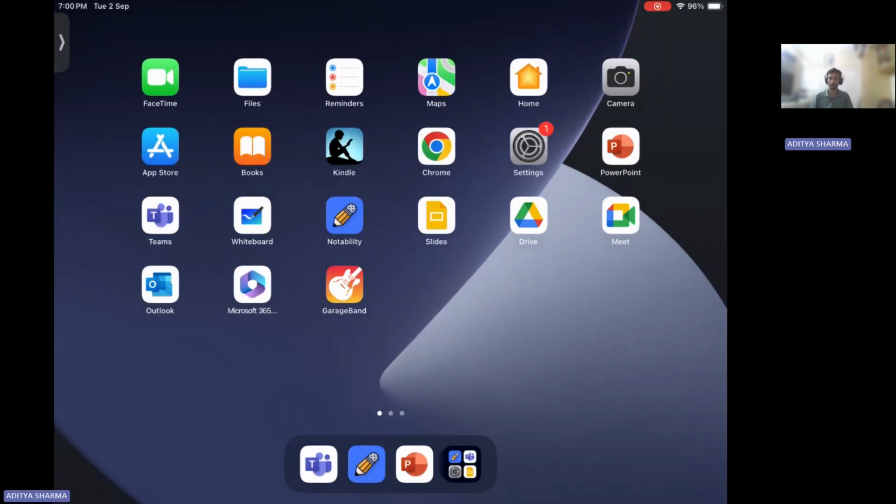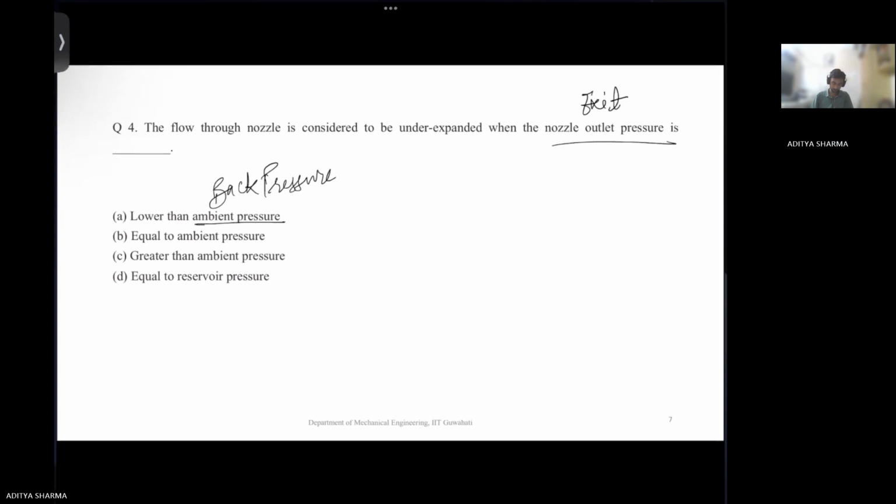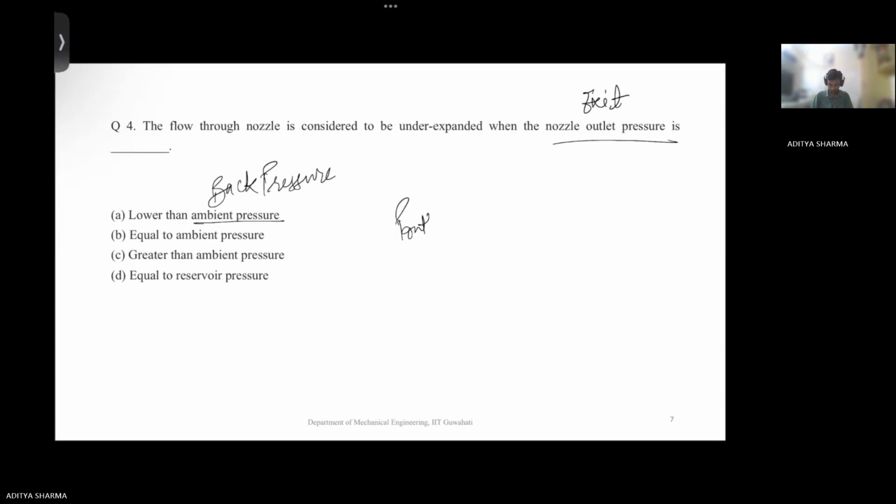So P outlet greater than P ambient. Seeing the options, option C seems to be the right option. And if you see the answer, C is right.